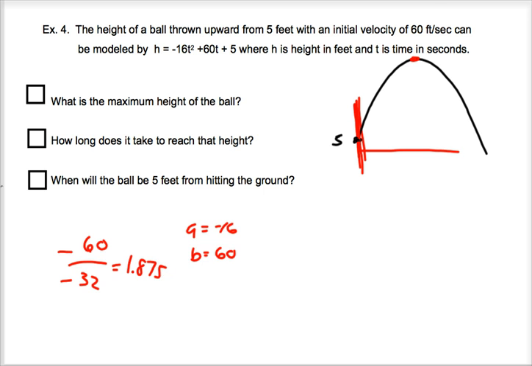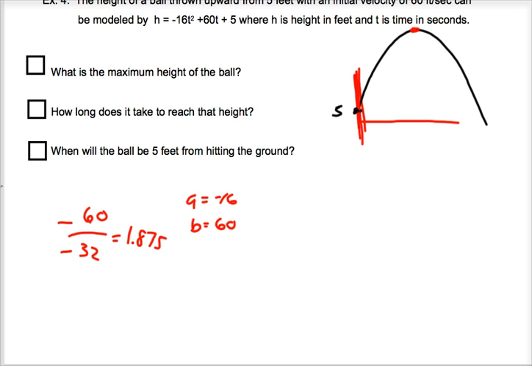That's 15/8 or 1.875. Now I got to plug that in so I can find the y-coordinate. So it'd be negative 16 times 1.875, or I could do 15/8 squared plus 60 times 1.875 plus 5.